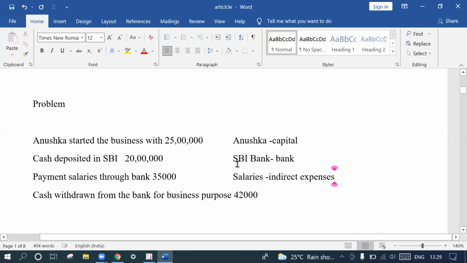The bank account is already created here. And cash withdrawn from the bank for business purpose. Cash exists by default and the bank is already created. So now we are going to create the ledgers.